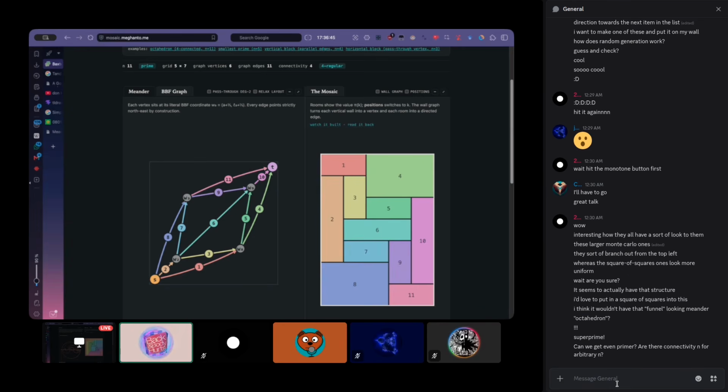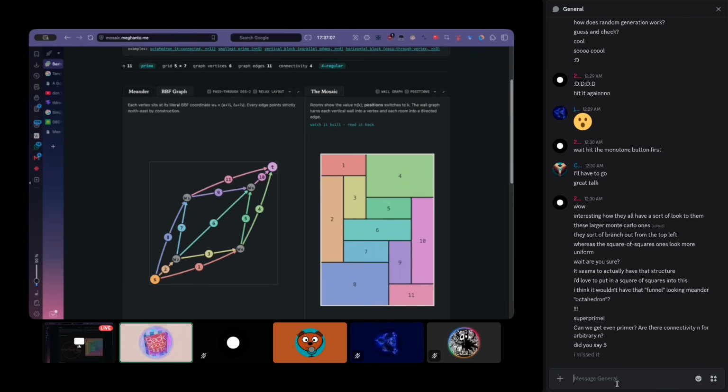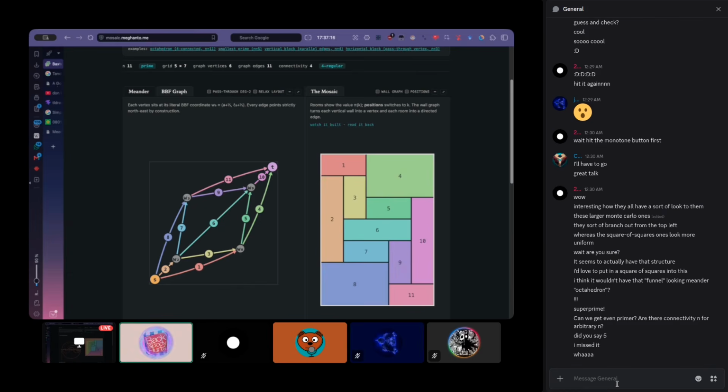Yes, we can get even primer. We can get up to 5-connected primes, and 5-connected is the most we can get. Because primes map to planar graphs, we can get up to 5, but we cannot get to 6, because planar graphs cannot be 6-connected.